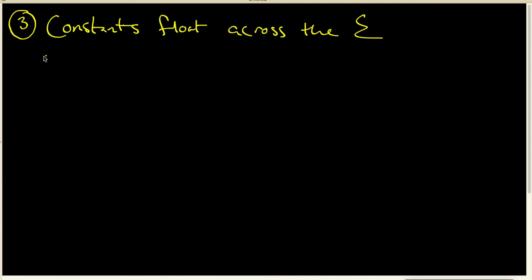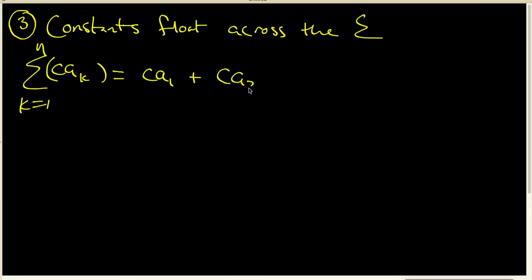In other words, if I have the sum as k goes from 1 to n of c times ak for my term, that would be c times a1 plus c times a2 plus until I get to the last term, which is c times an.